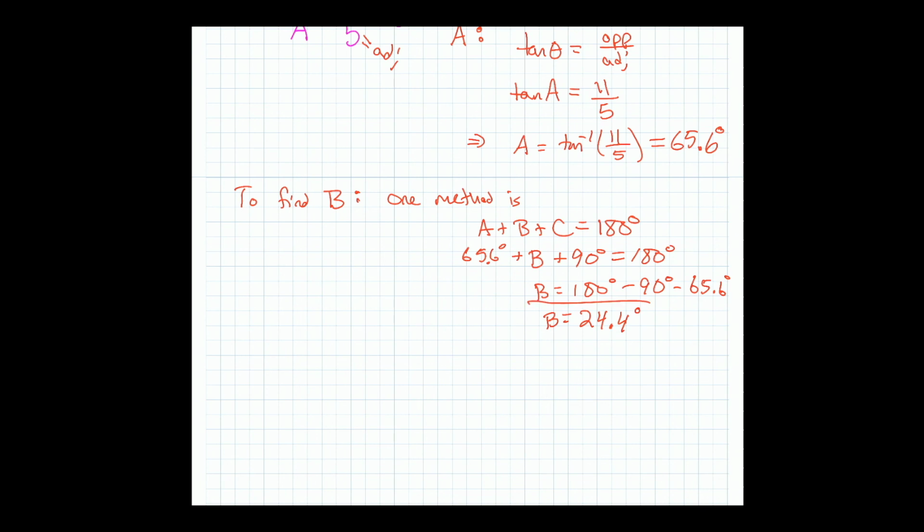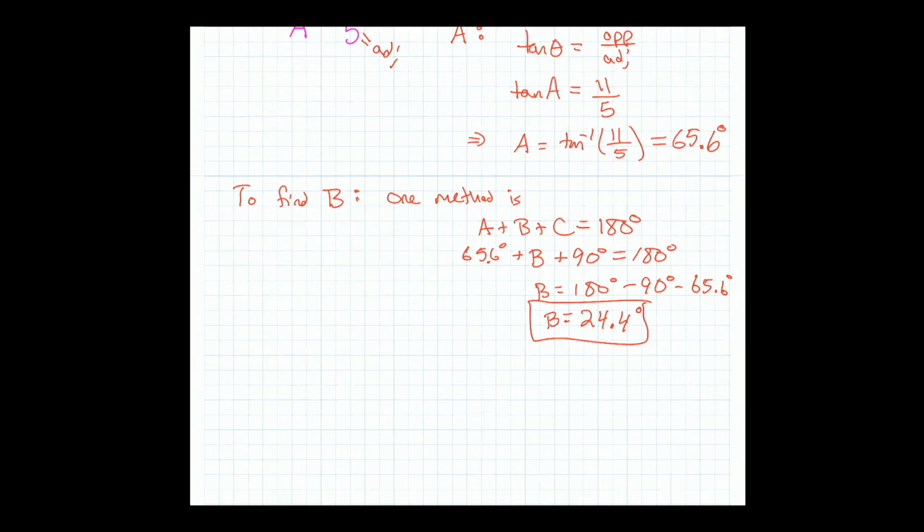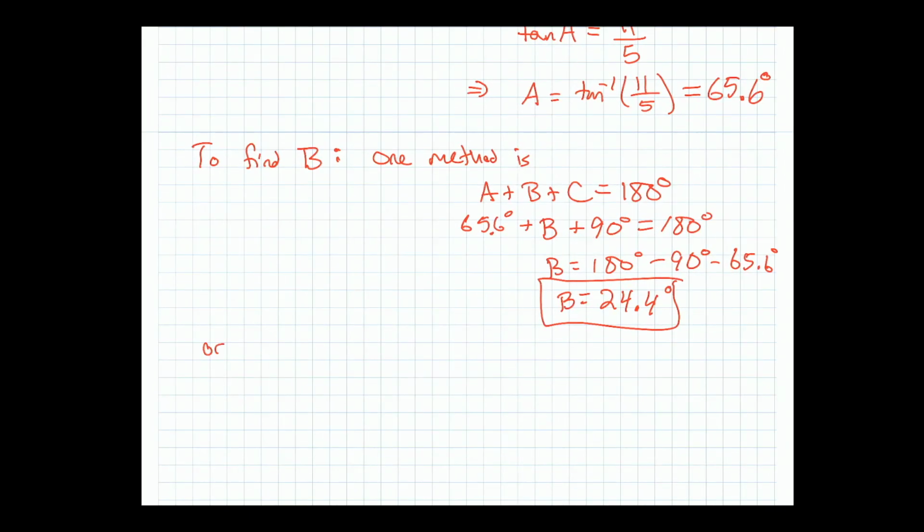So that's one way to do it. If you want to, though, you could solve for it the same way we came up with the B. Or sorry, the same method we used for A. No, that was angle A. Yeah, okay, that was right.